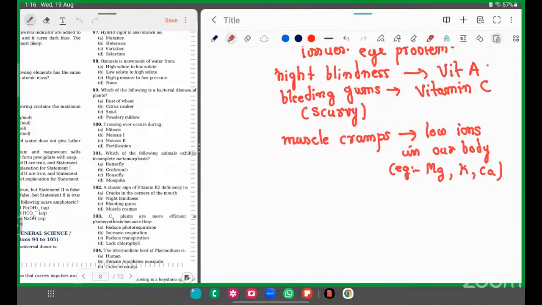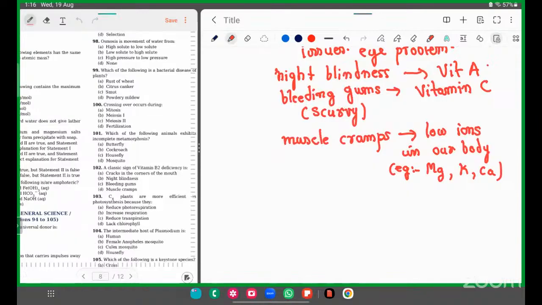Next question: C4 plants are more efficient at photosynthesis because they... The options are reduced photorespiration, increased respiration, reduced transpiration, and lack chlorophyll.